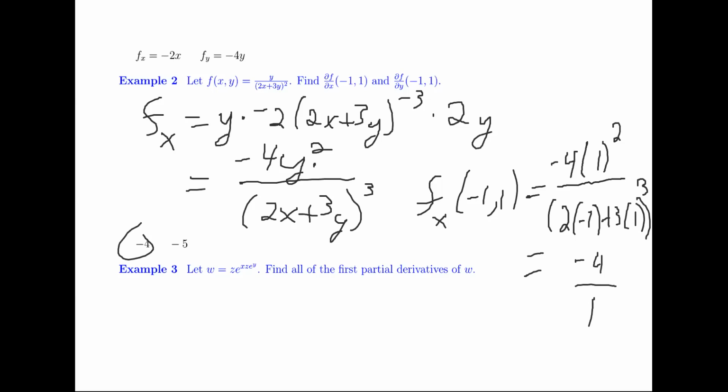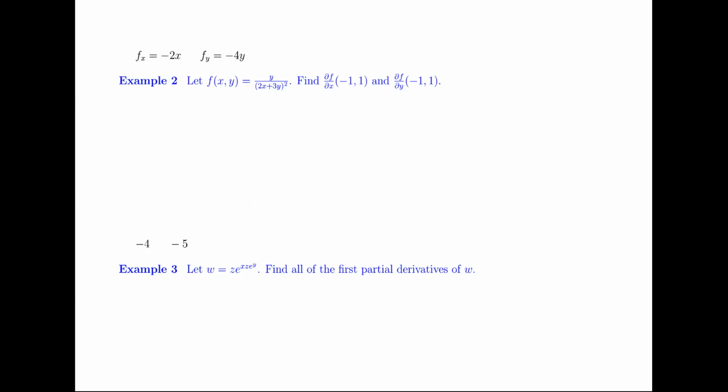All right, now let's do the same thing, but take the partial with respect to y. This one's a little bit more difficult.